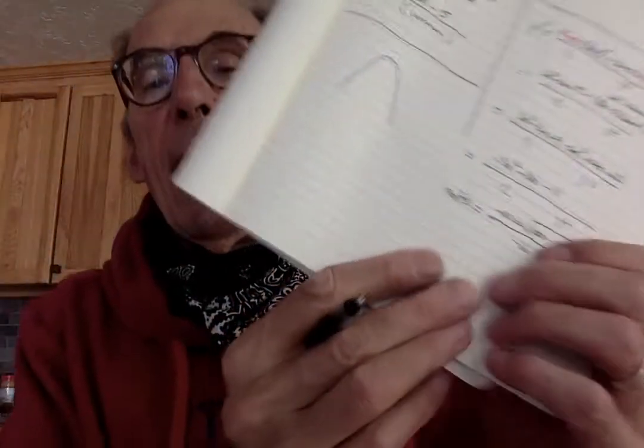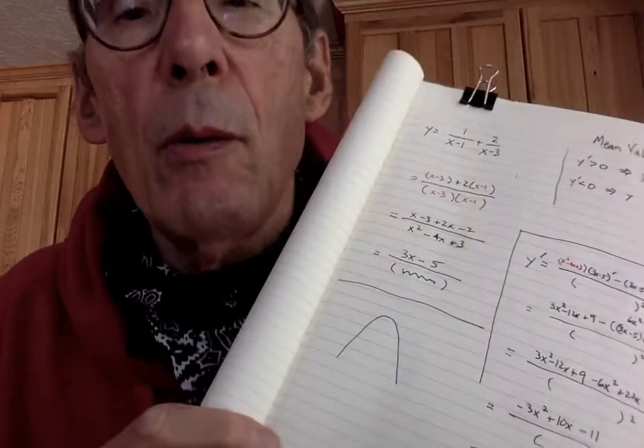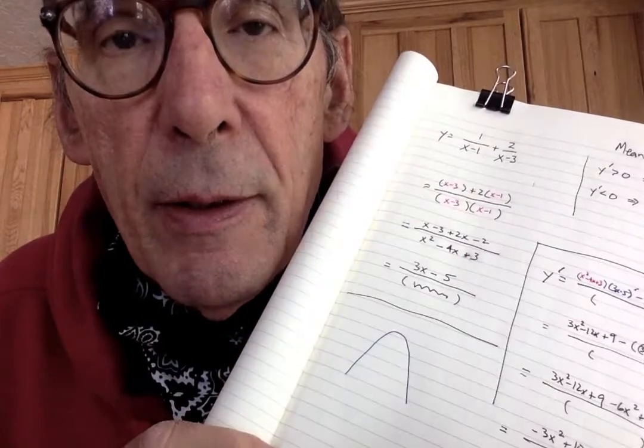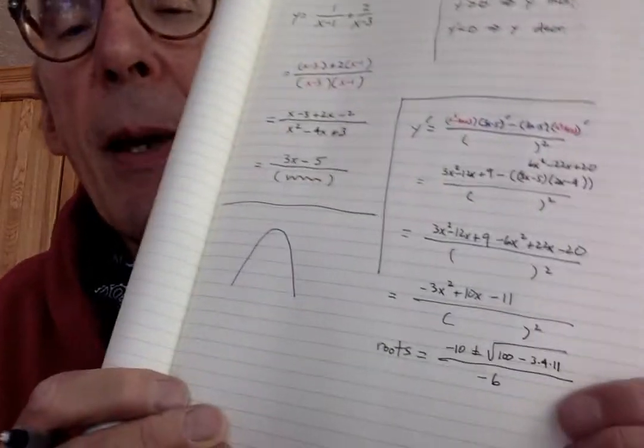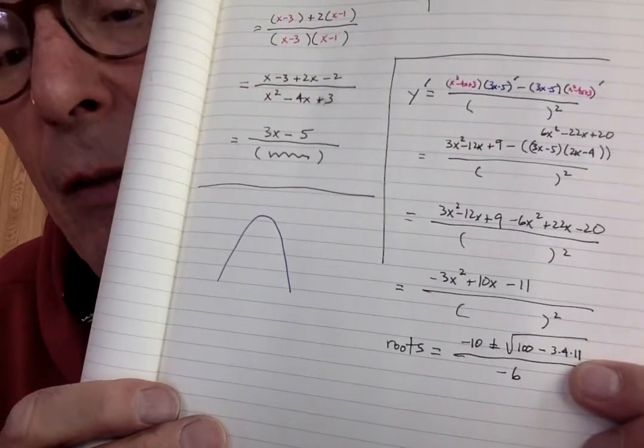Bingo. Okay. So what we're going to have to do here is look at this quadratic formula thing. It looks bad, but it's not that bad because what's inside the square root is negative.